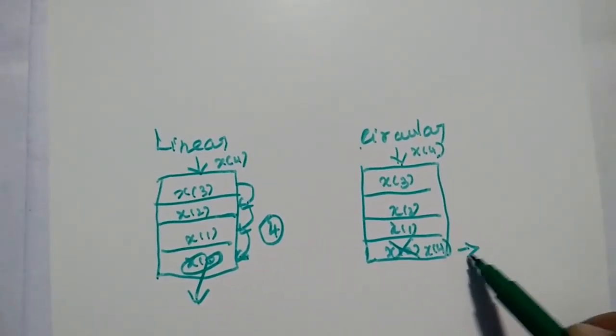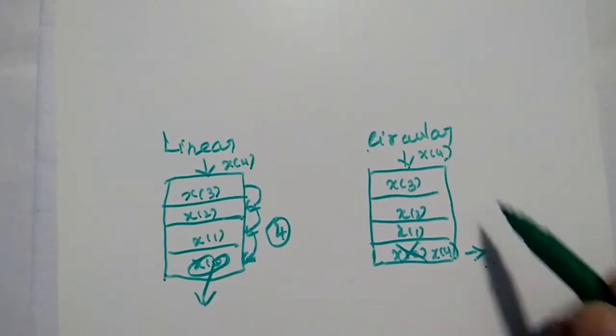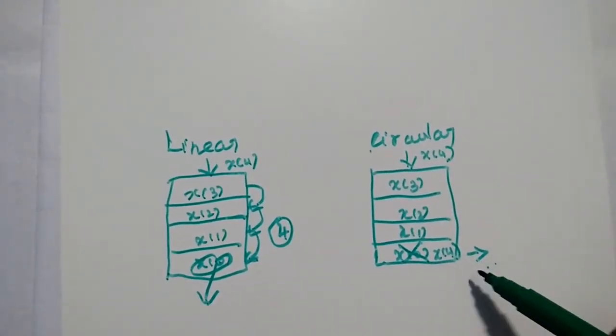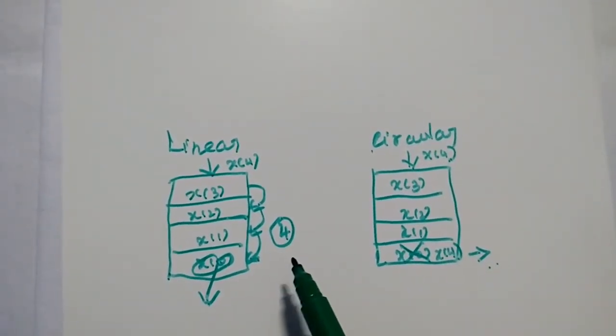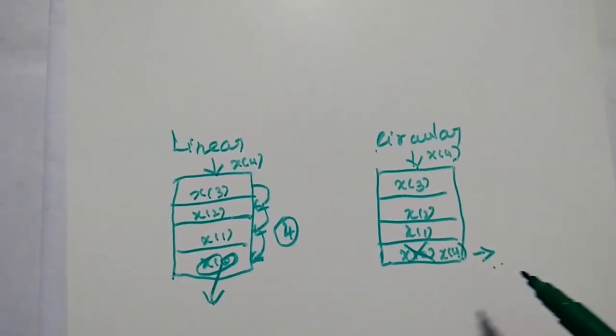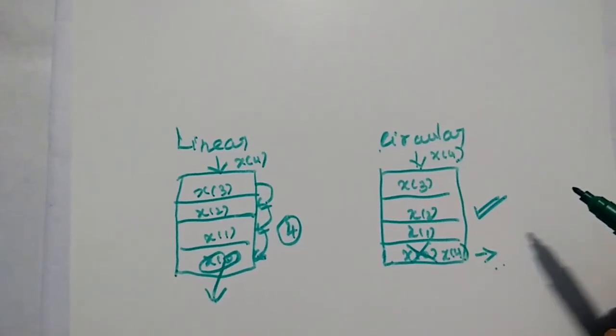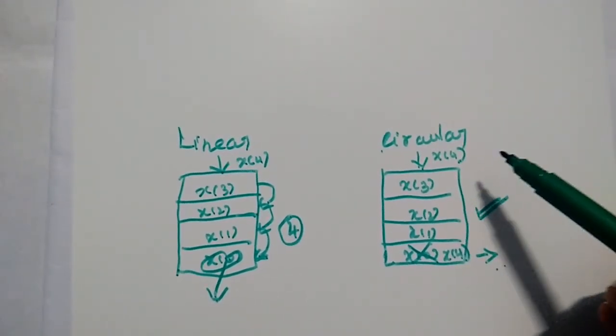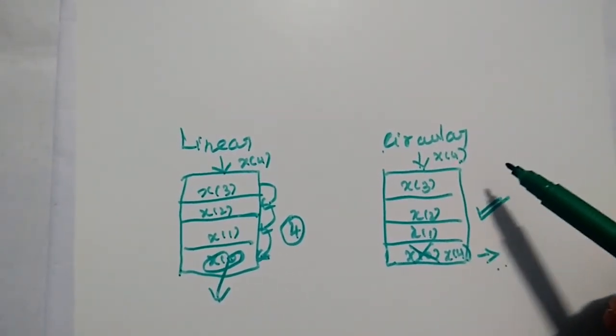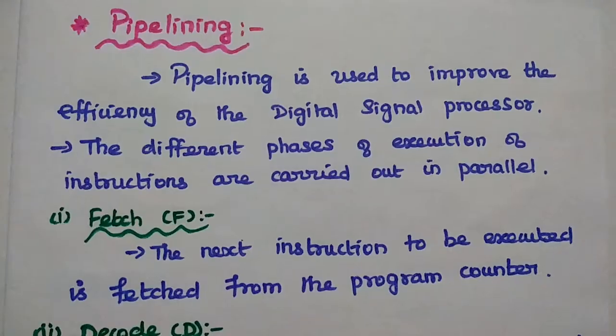So only one memory write operation is required to store this newest data. Correct? Here 4 memory write operations are required. Here only one memory operation is required. So this one is an efficient method. That's why we prefer circular buffering in digital signal processors. Do you all understand this?